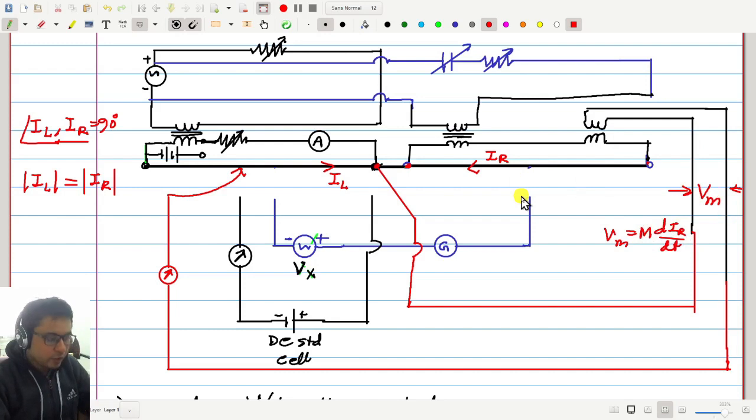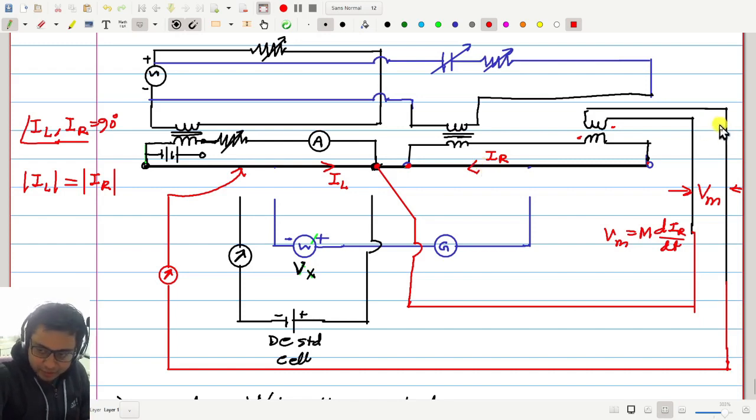There will be an overall plus minus uncertainty that depends on the dot position, which I'm not considering. So I can say the voltage Vm and IR are plus or minus 90 degrees out of phase.